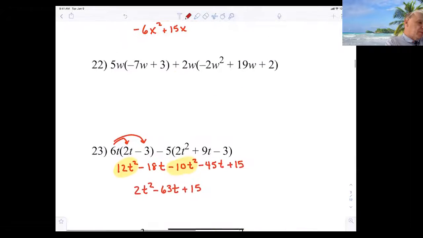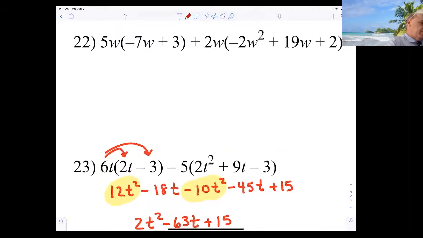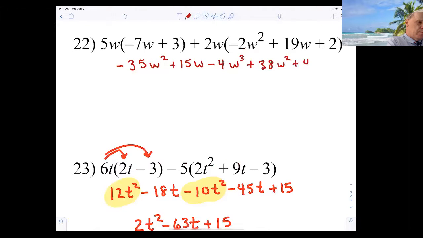All right. Same thing with 22. Everybody get on 22. Hurry up. Everybody good with that so far?